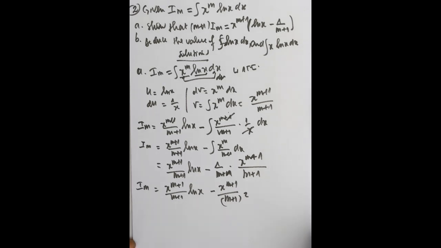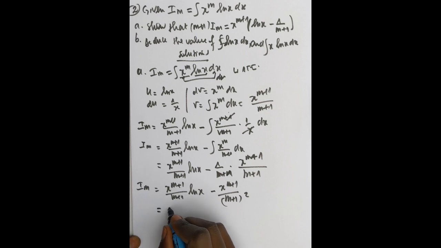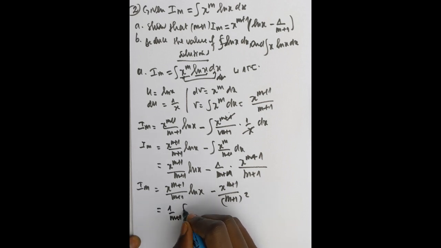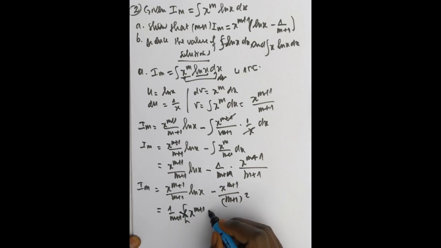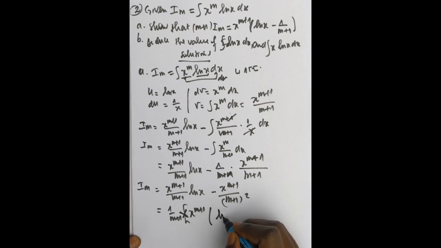So I can write as 1 over m plus 1 bracket of x power m plus 1, I can multiply here x by m plus 1 bracket of ln x negative 1 over m plus 1.